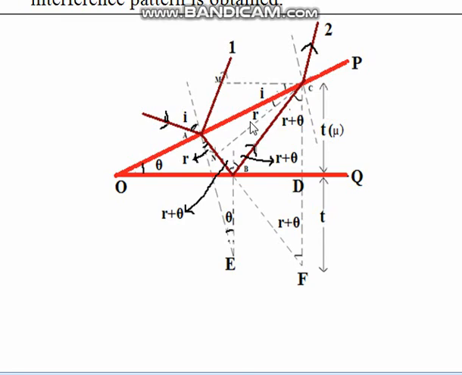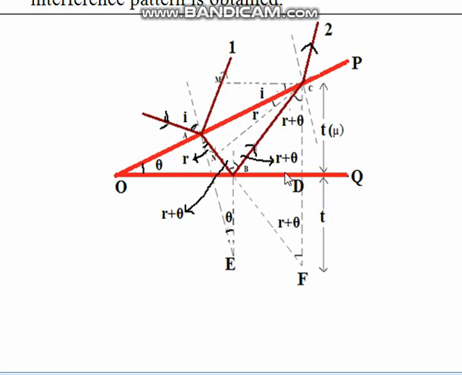Now our focus is to find the path difference between rays 1 and 2. Let's write the equation for the path difference, and from this figure we calculate the geometrical path difference.